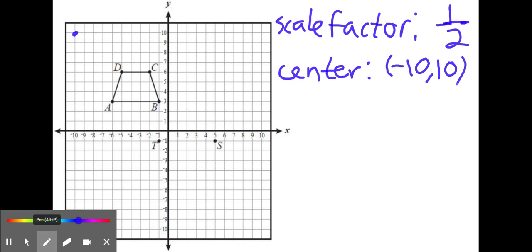So as I work point by point, looking at the distance from the center to A, looks like I have to go down 7 and over 4. So if I'm only going half that distance, I'm looking at going down half of 7, or in other words, 3.5, and then over 2.